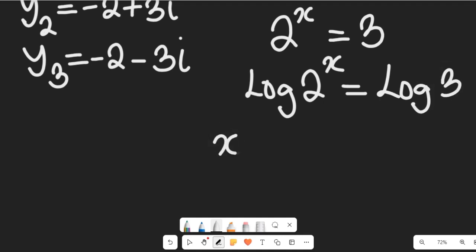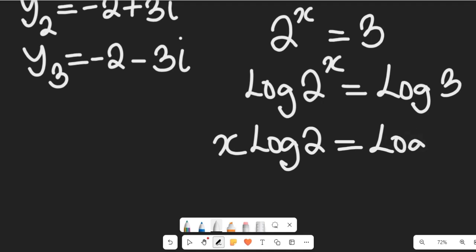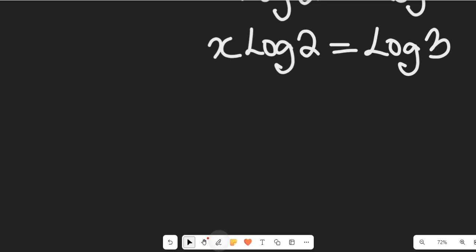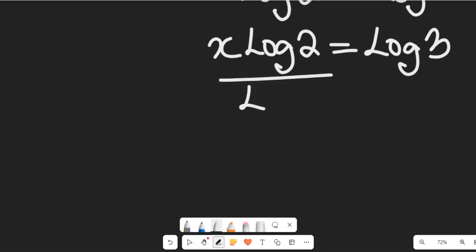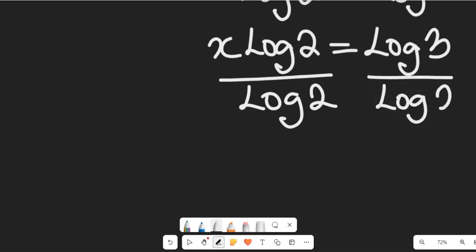So this is going to give us x log 2 equal to the log of 3, and if we simplify this, we divide both sides by the log of 2. The log of 2 cancels out, and we'll have our x equal to log of 3 divided by log of 2.